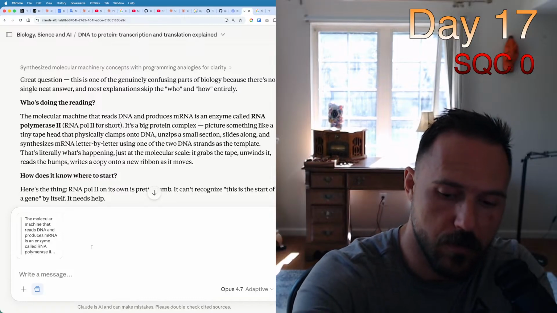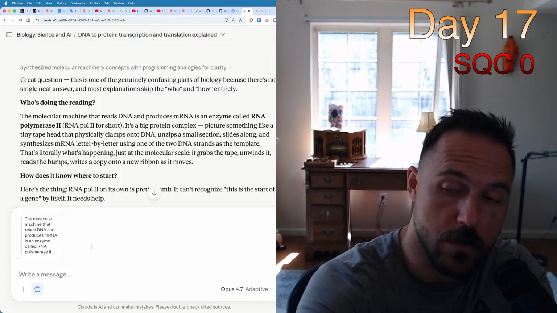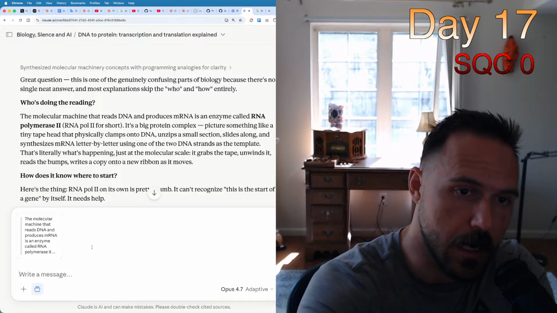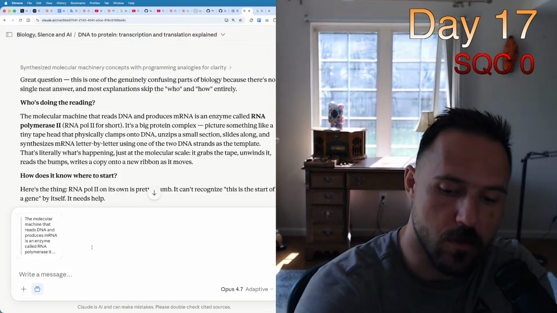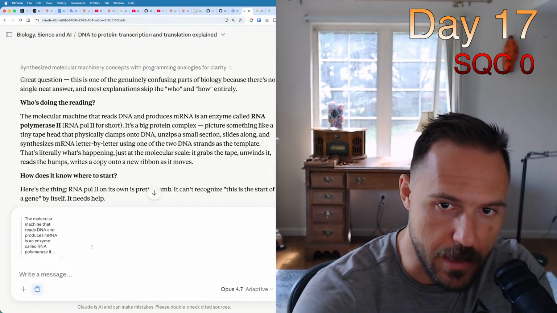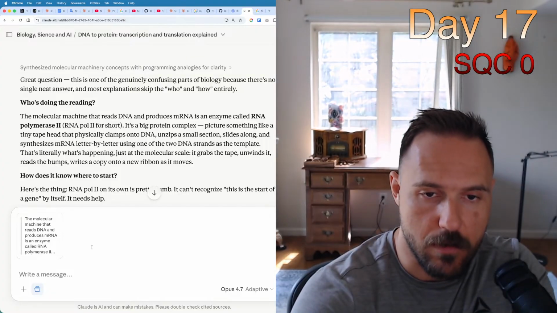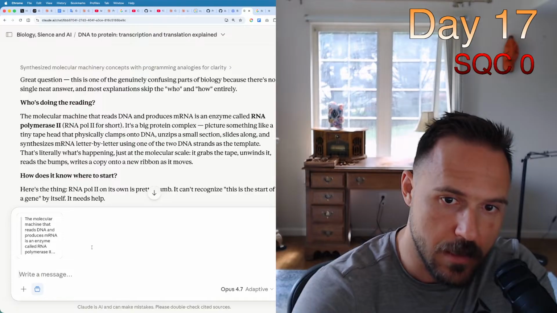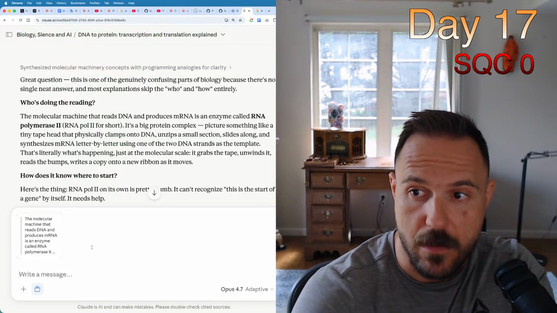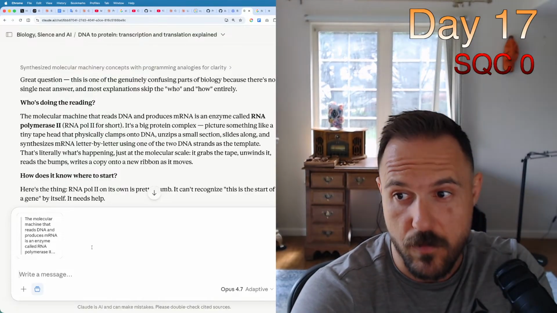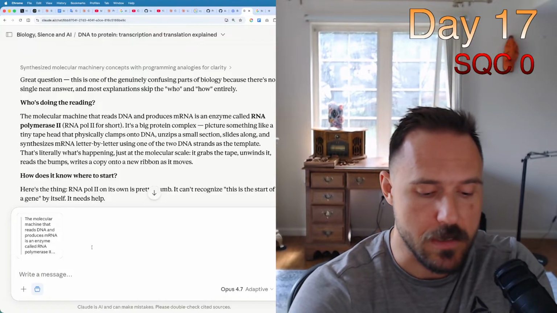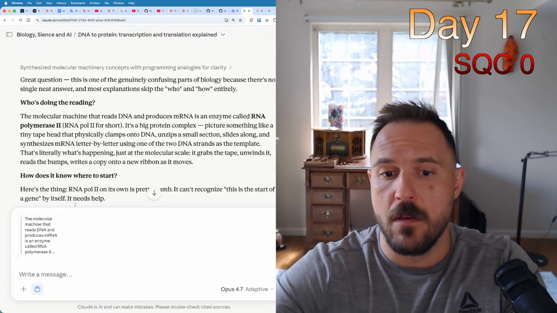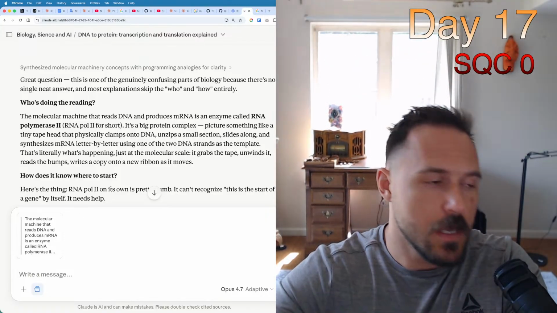So now we have questions. Who is doing it? We kind of already know, it's RNA Pol 2. We still don't know why it starts in that particular location. And also, how does it pick that strand and not the other? Because I'm assuming the results would be symmetrical but opposite. Clip that.